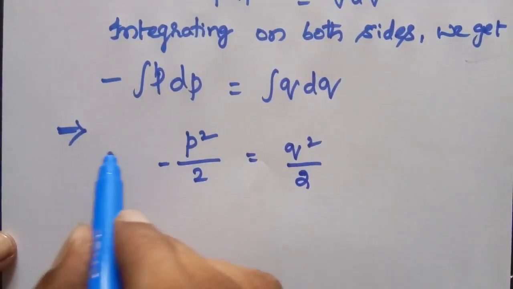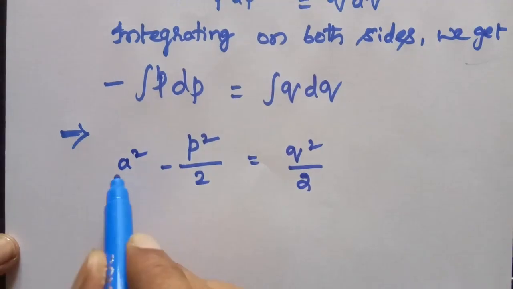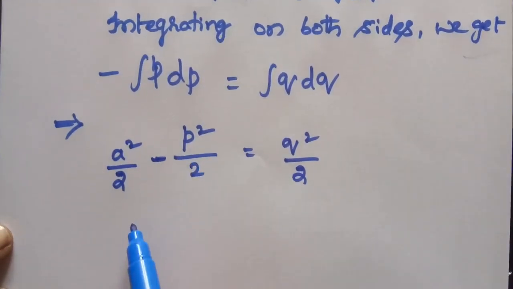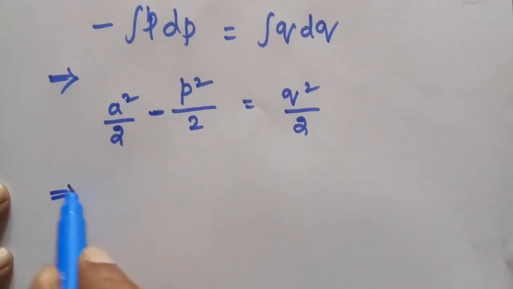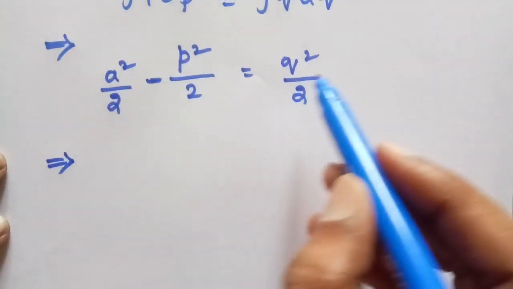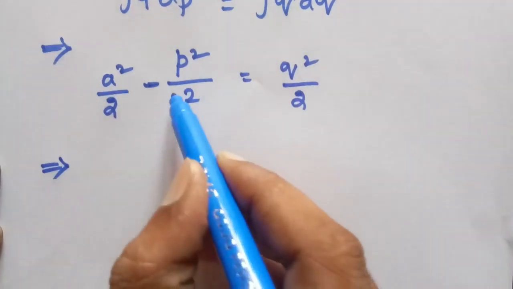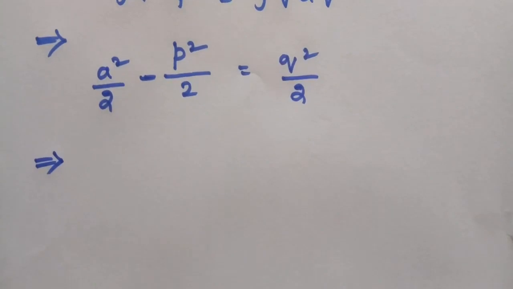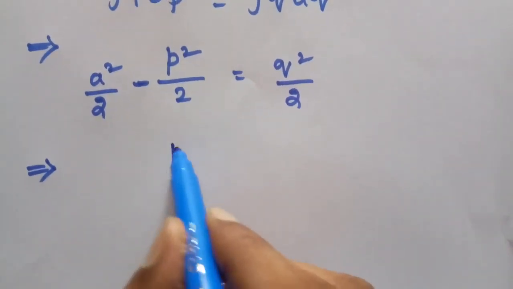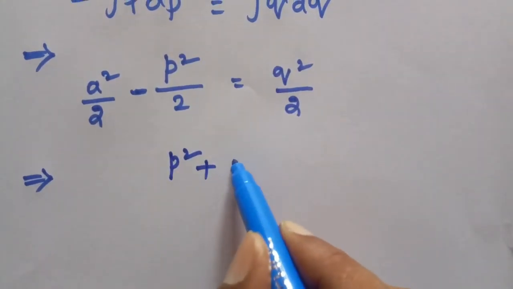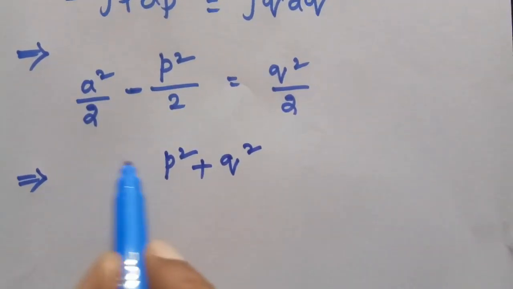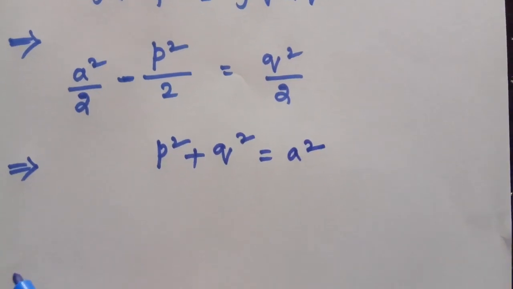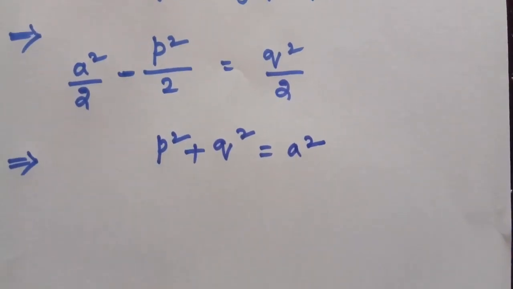For our convenience, we are adding the arbitrary constant of integration a square by 2 only. Therefore, 2 gets cancelled on both sides, and p square plus q square is equal to a square.